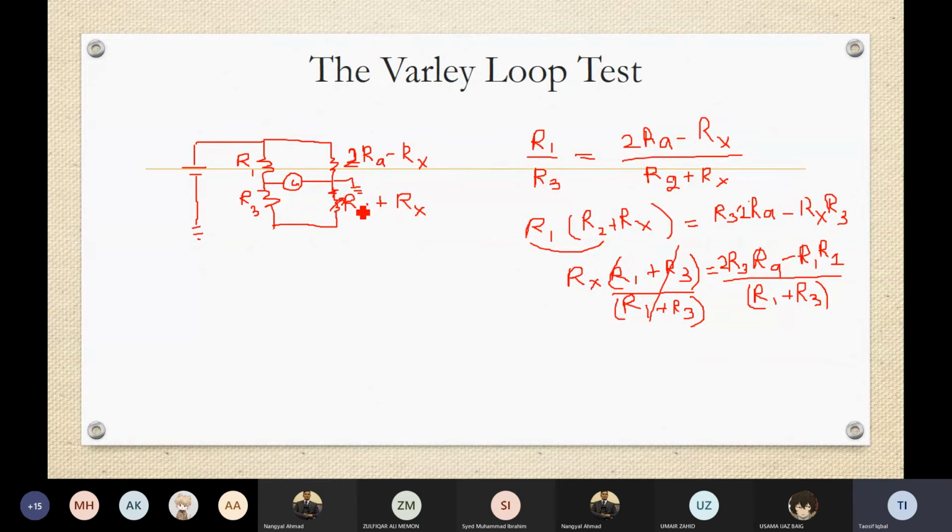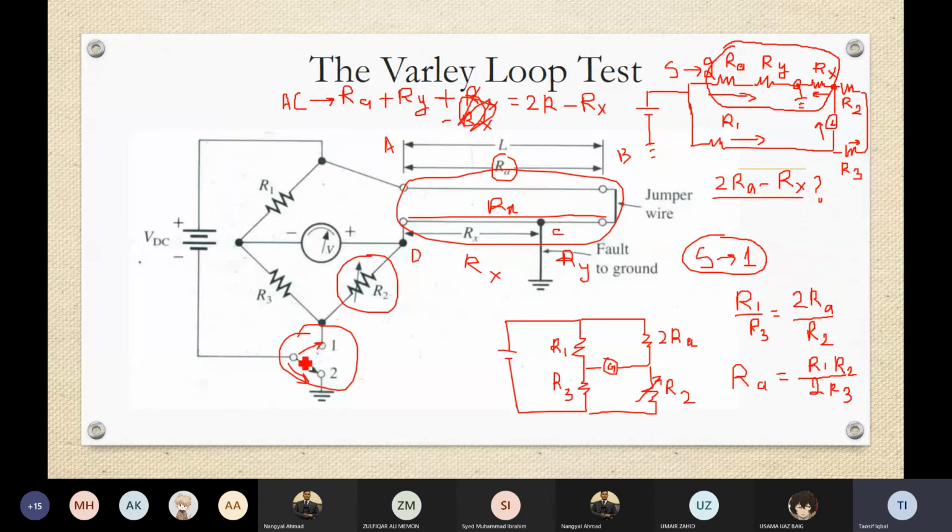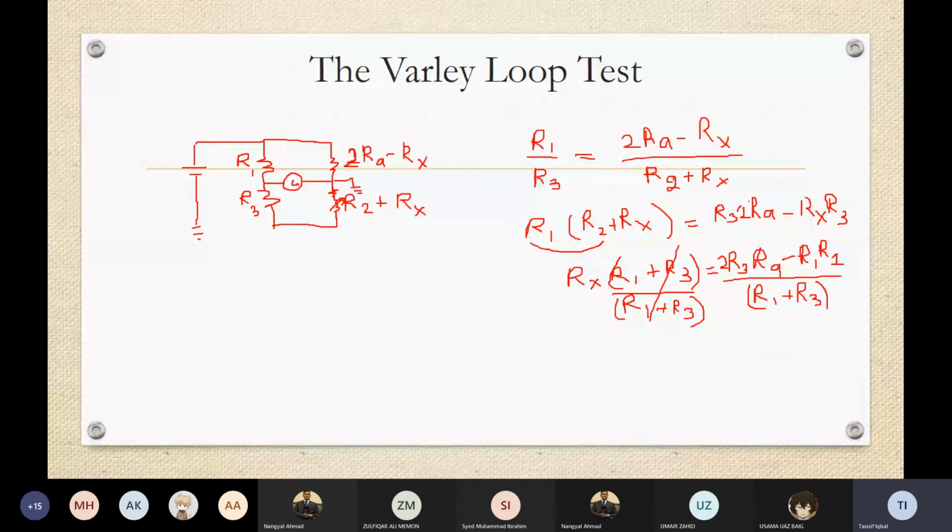So when the position of the switch is changed, S was at one position and then we moved this selector switch to position 2. Therefore the configuration changed and accordingly R2 is going to be changed.